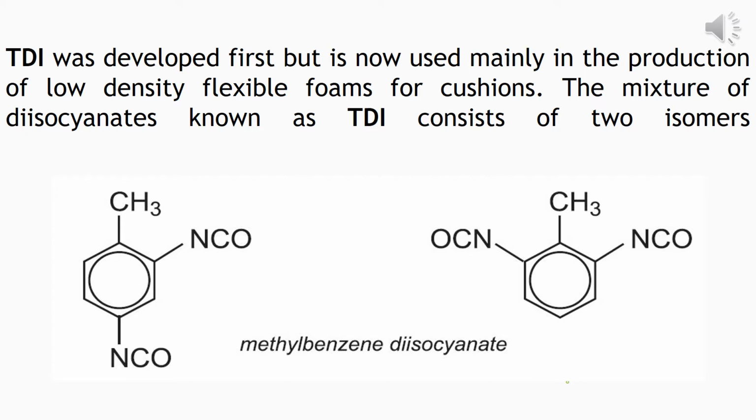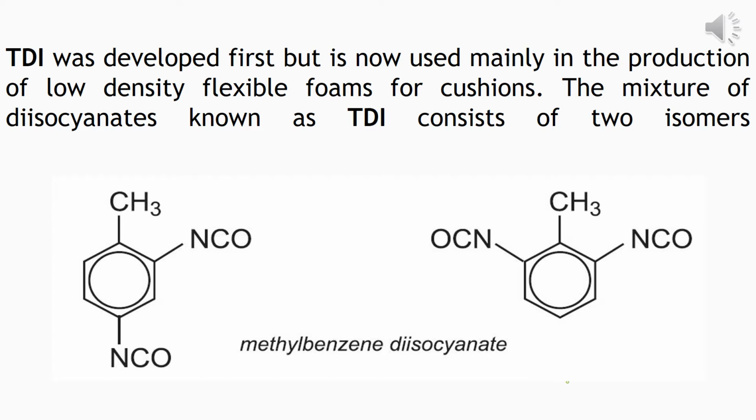The isomer on the left has diisocyanate functional groups at the 2 and 4 positions of the toluene, and the one on the right has isocyanate functionality at the 2 and 6 positions.